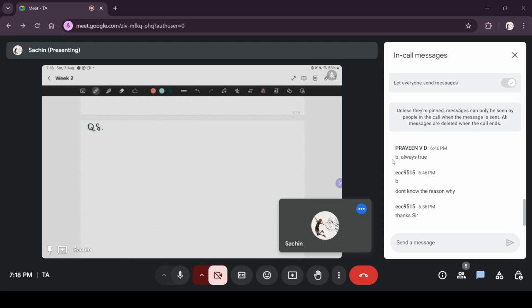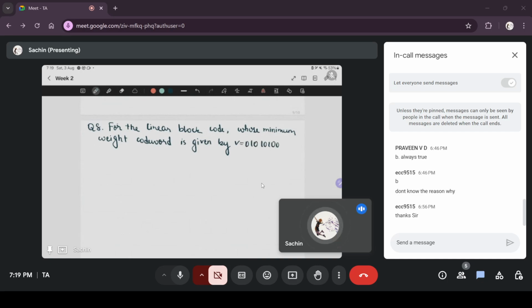Question 8. For the linear block code, the code word is given by the same thing again, 010101000110.